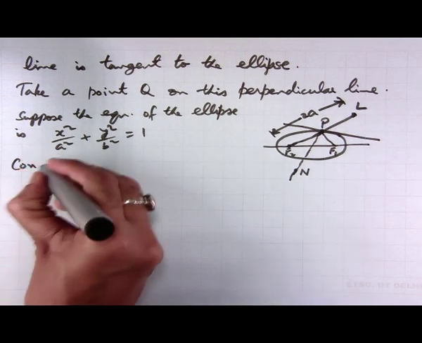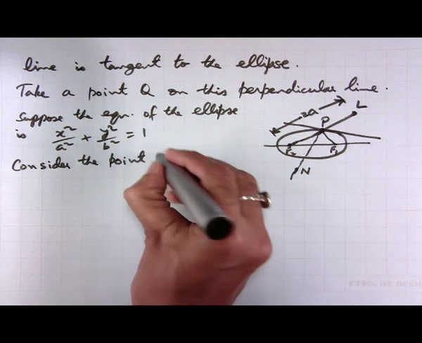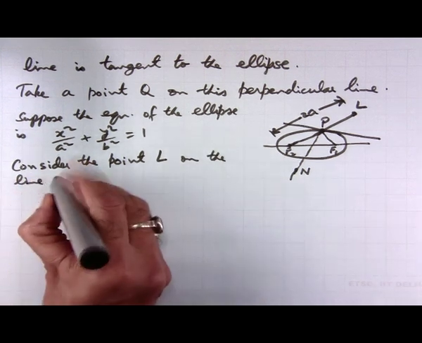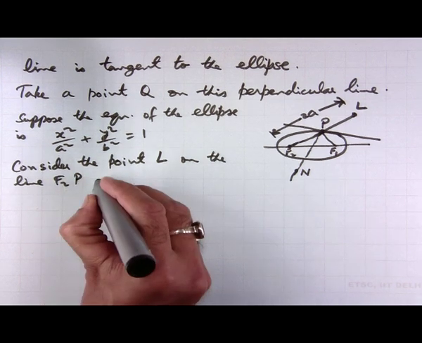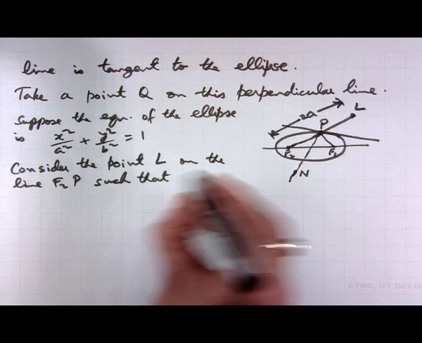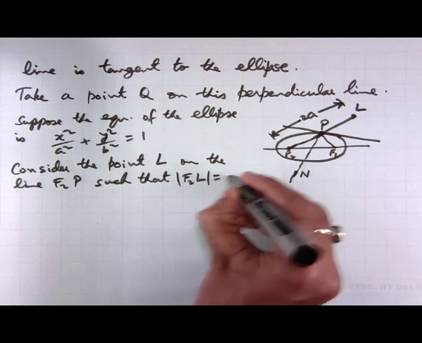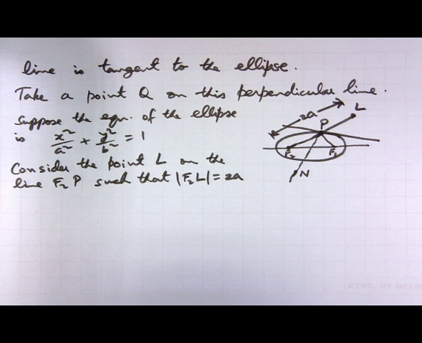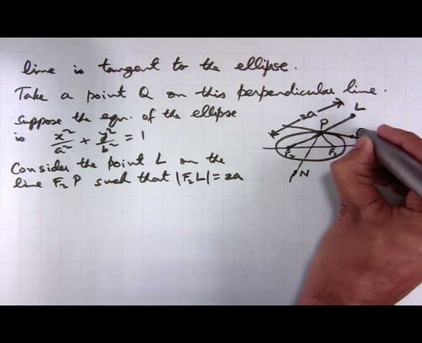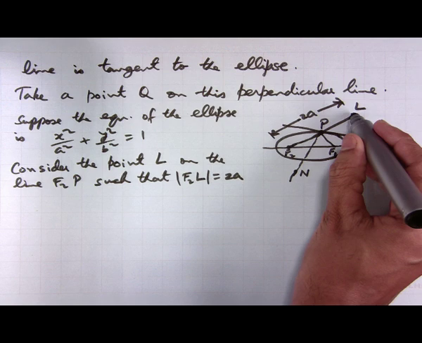So, consider the point L on the line F2 P such that the distance F2 L is equal to 2a. Now, we take any point q on this line, we have to prove that this q lies outside the ellipse.